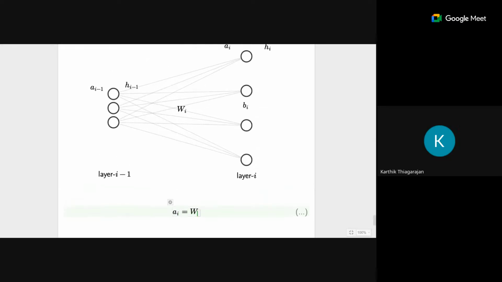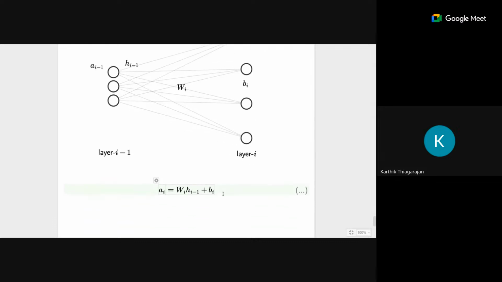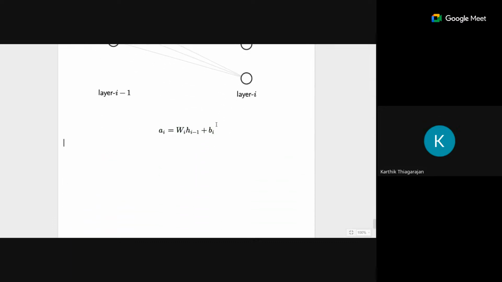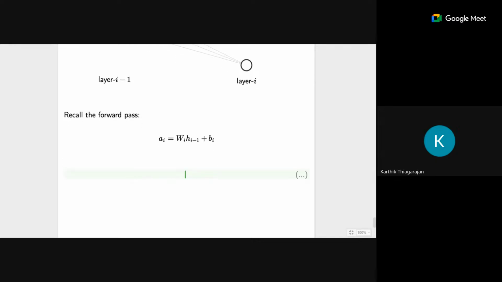ai is Wi hi minus 1 plus bi. That is the main equation you have to look at. So this is the forward pass. So recall, you have this. Now what is there with you? You have ai with you.